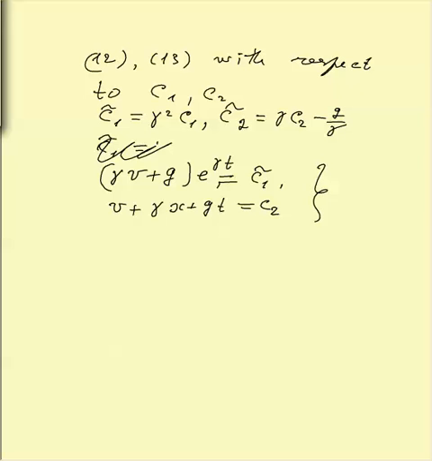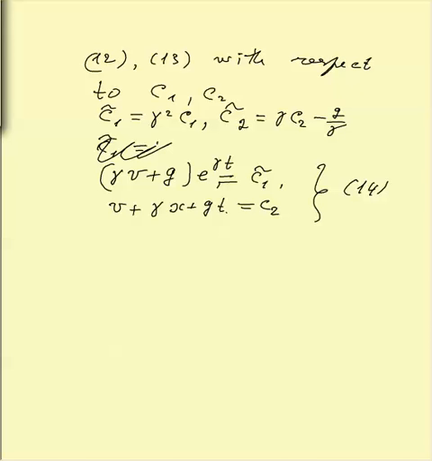So we have two conservation laws, but they contain time t in quite a complicated form. So now we eliminate t from these two equations.